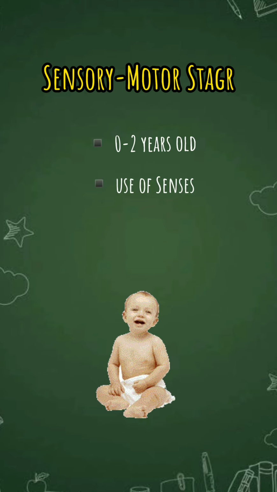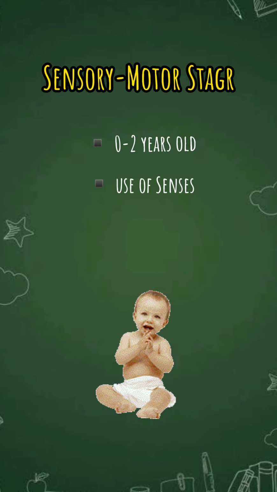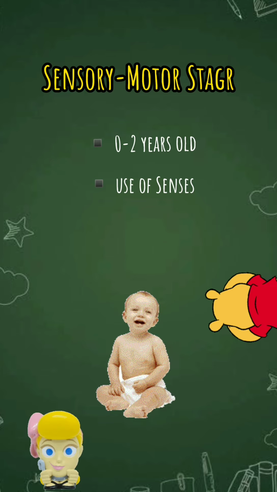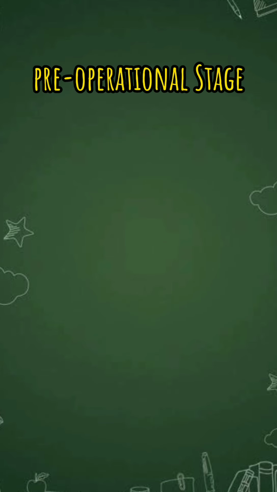The sensorimotor stage starts from birth to 2 years old, with the ability to learn through sensory experiences. During this stage, children barely talk, so the sensorimotor initiates actions without the support of language. That's why mothers get their attention through the use of objects. Pre-operational stage.